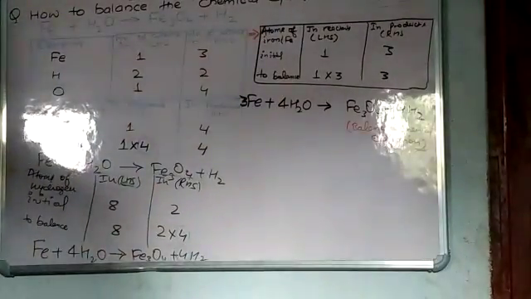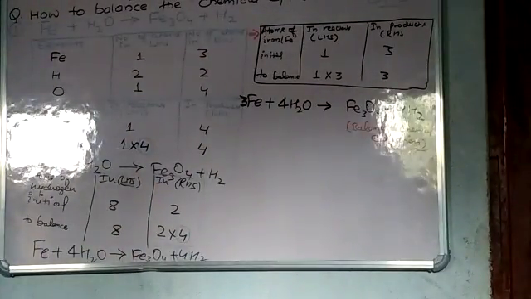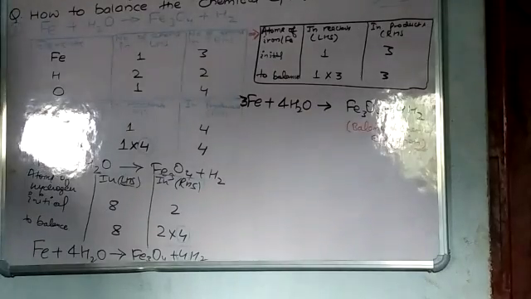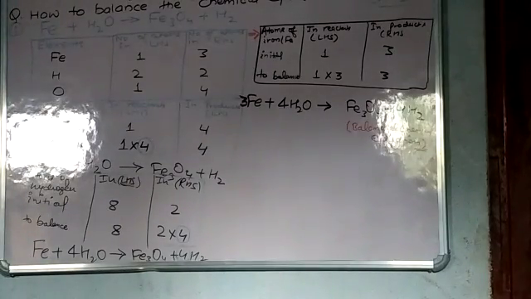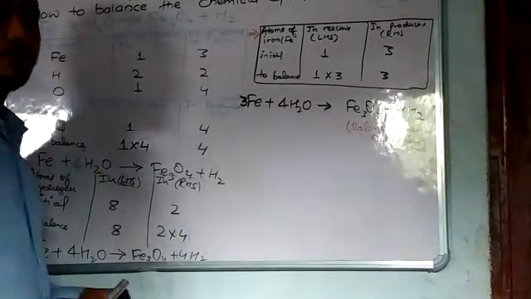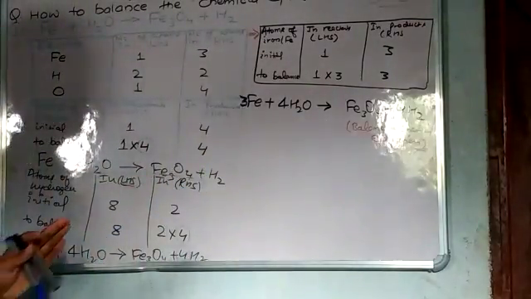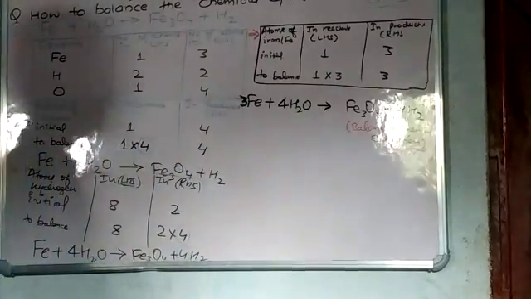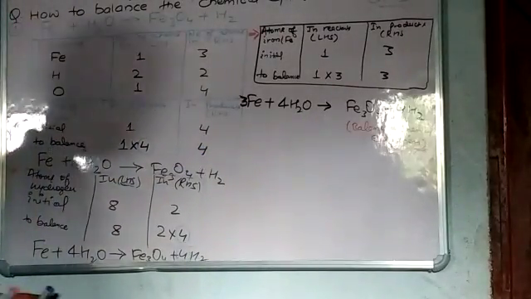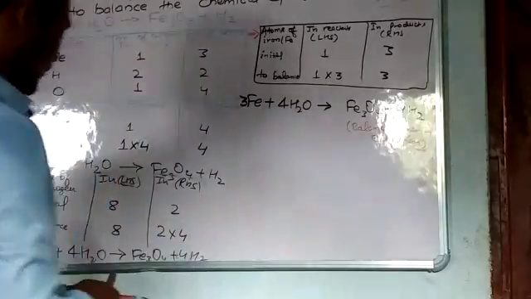Now also we have to write down the physical states of these symbols. Okay, for the final value we need to write down the final stage, which is we have to put the state of all these elements or compounds. This is also part of the final result.